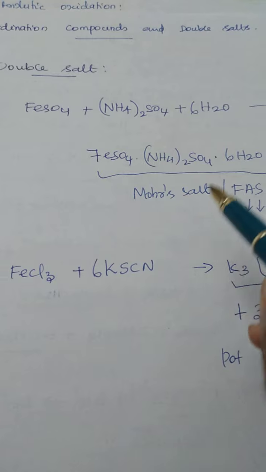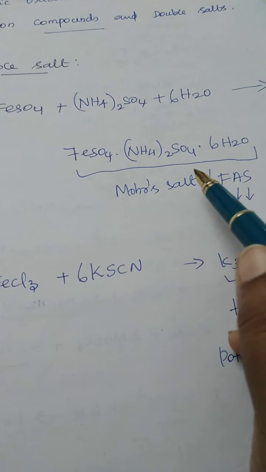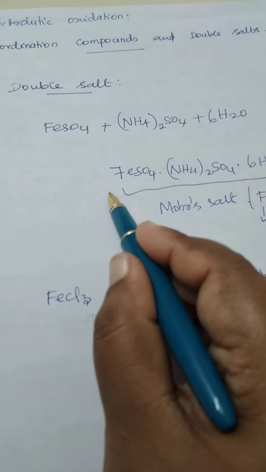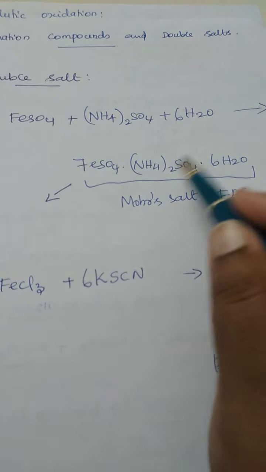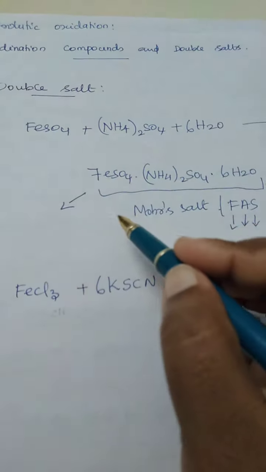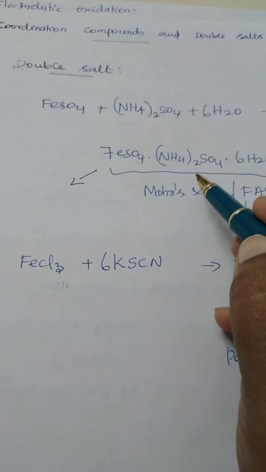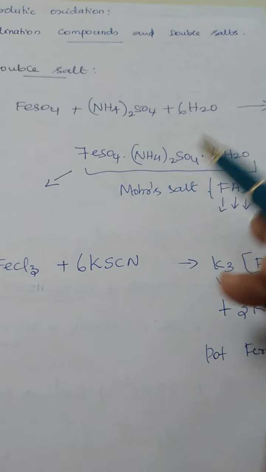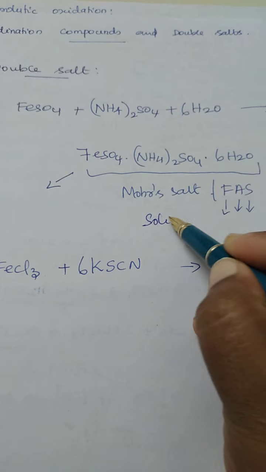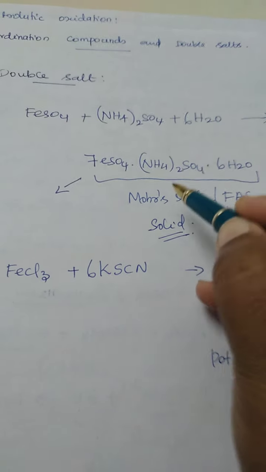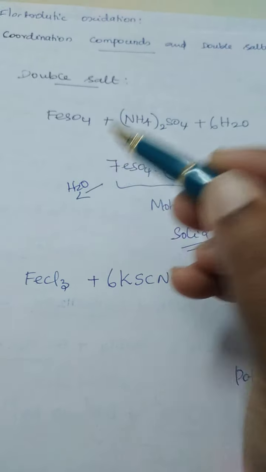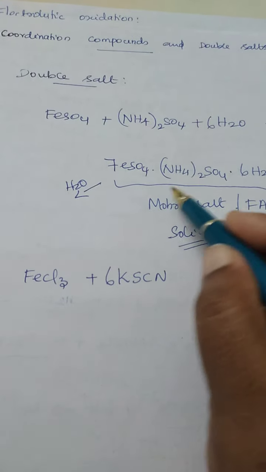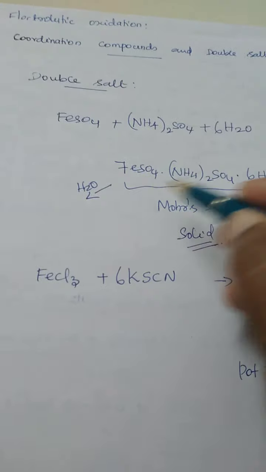The major difference between these two is, after Mohr's salt is obtained, this is a crystal of Mohr's salt. When this Mohr's salt is dissolved in water, it loses its identity. When it was in the salt state, it always exists in a solid state. When I dissolve this solid into water, making it aqueous, I will get different ions.